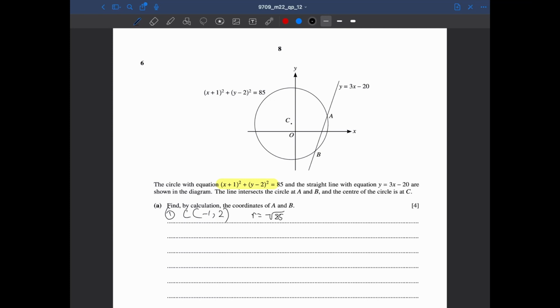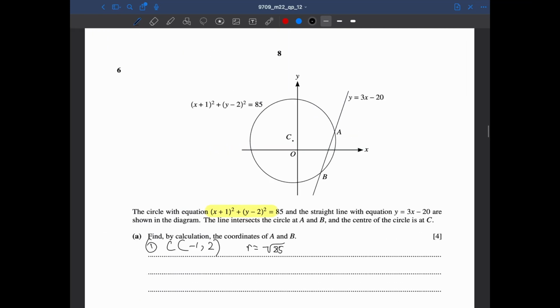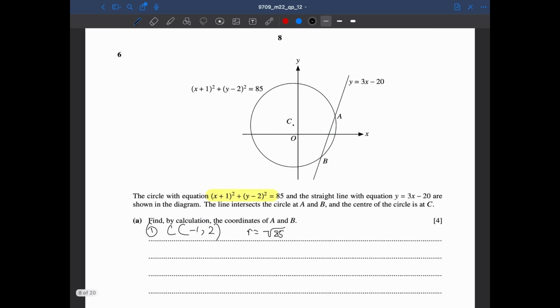So usually in these types of questions, we just take the equation of the line and put it straight into the circle equation. So we're going to have x plus 1 squared plus, instead of y, 3x minus 20, and then minus 2 squared equals 85.